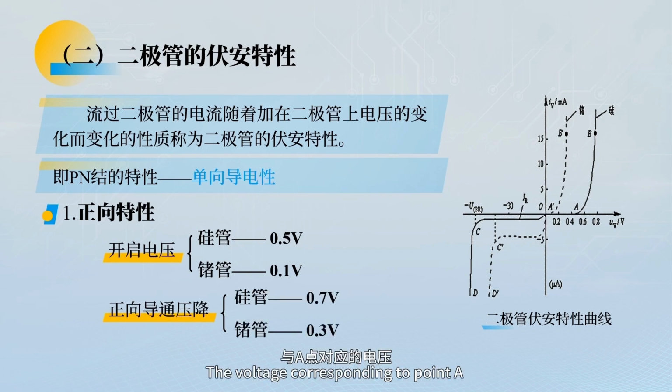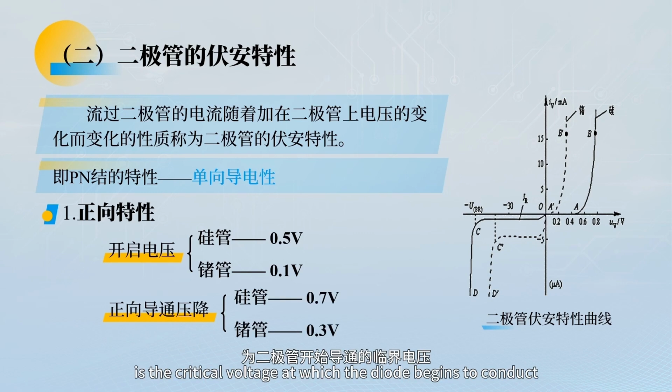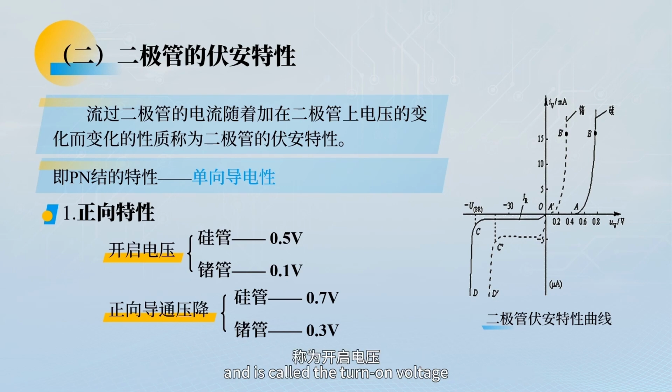The voltage corresponding to point A is the critical voltage at which the diode begins to conduct and is called the turn-on voltage. Generally, the turn-on voltage is 0.5 V for silicon tubes and 0.1 V for germanium tubes.